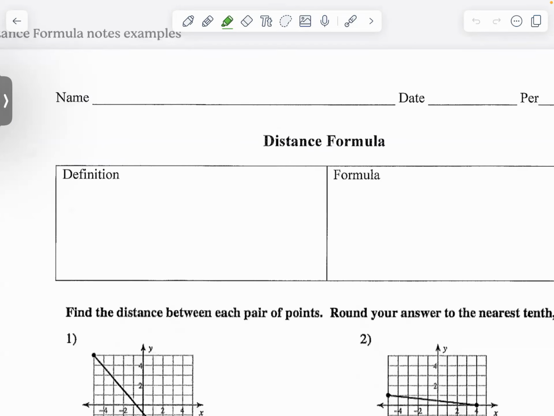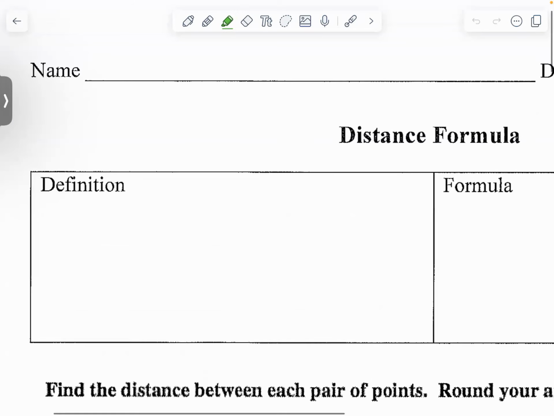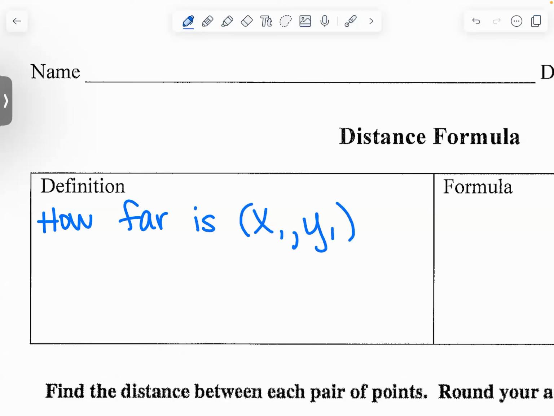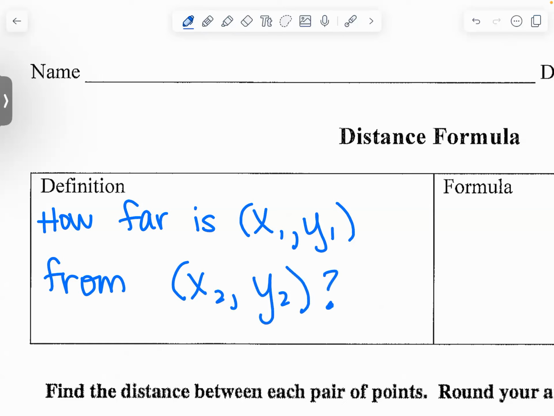But when I'm asking you to find the distance, I'm asking you how far is coordinate 1 from coordinate 2. Okay, if I measure it, how far apart are they?